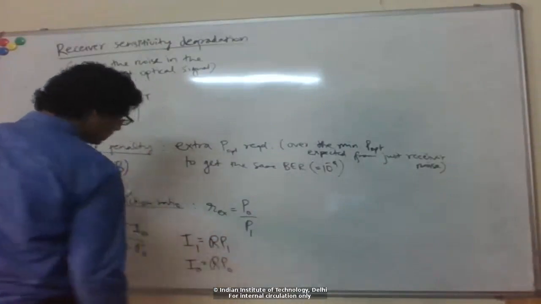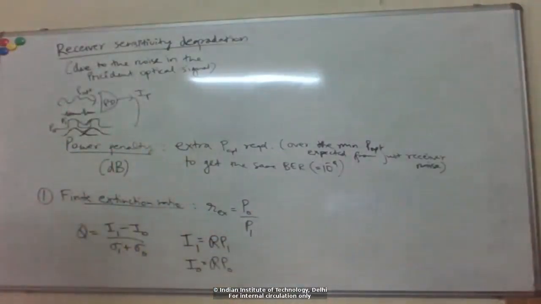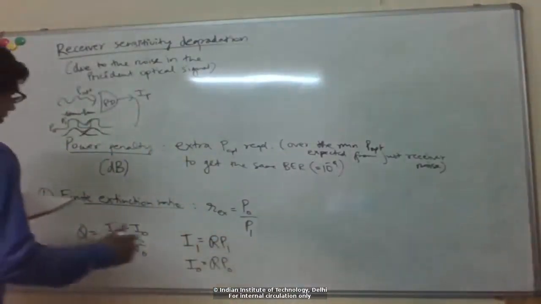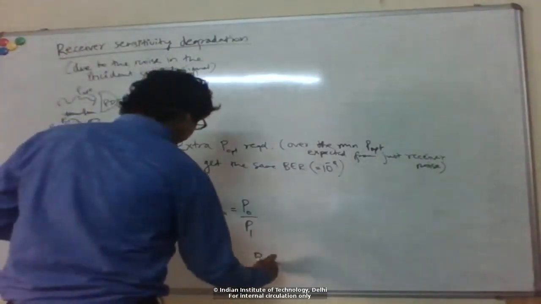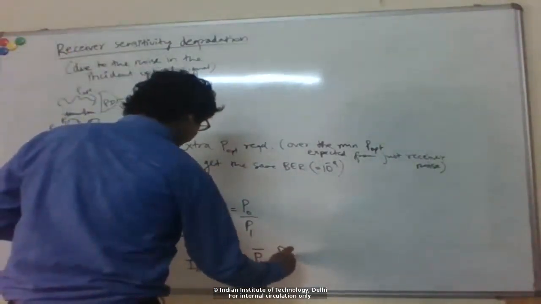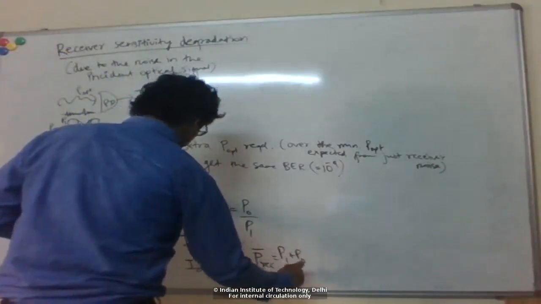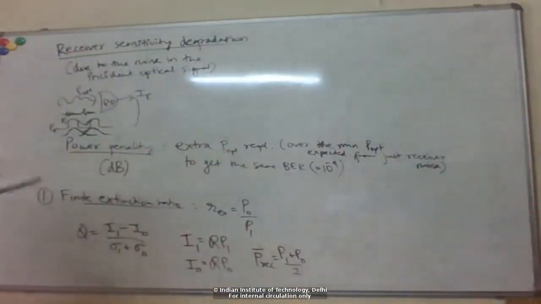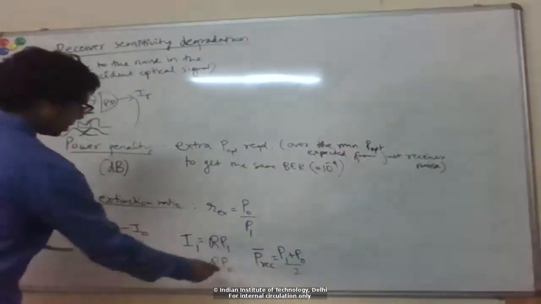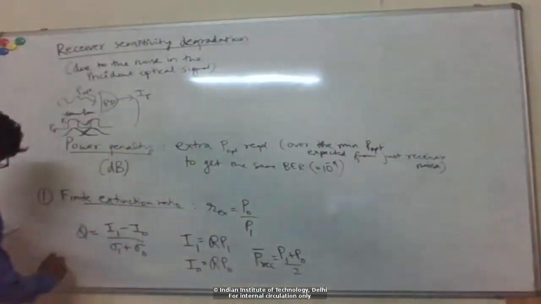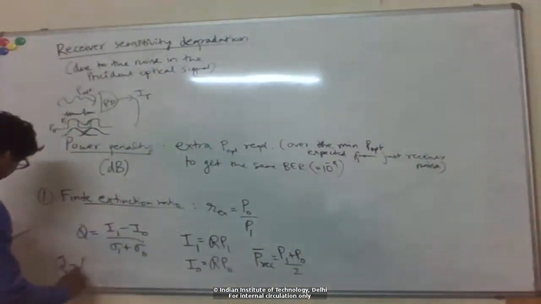Now we are taking P0 not to be exactly 0. Again, average power received is the average of 1 and 0. If you just plug these expressions here, we can get Q in terms of the average received power like this.